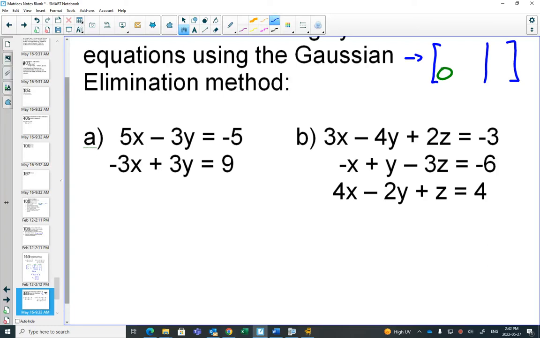Just one zero. You just need zeros underneath the diagonal. You don't need more than that. Gauss-Jordan elimination is when you need all the zeros and ones.